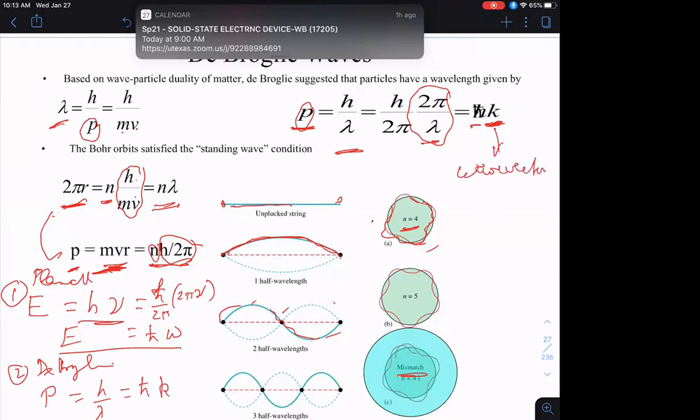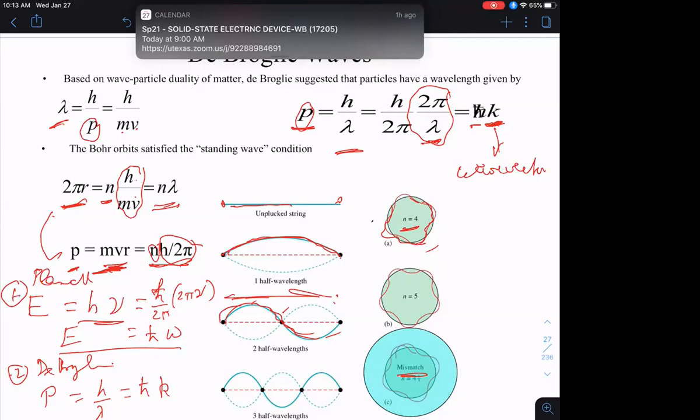Okay, it's basically the reciprocal of the wavelength. So k tells you how many wavelengths I can fit in a certain distance. Shorter the wavelength, the more of these waves I can pack in a certain fixed distance. Okay, the wave vector k is going to be larger. The wave vector k is basically proportional to the momentum.